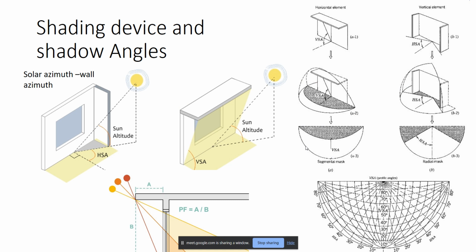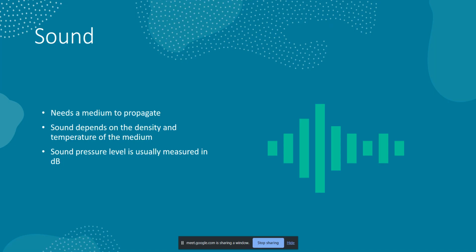So as of now, we covered things related to deciding and designing shading devices and the shadow angles. Mostly, we are just looking into how to design shading devices to protect or allow solar radiation inside. Next, the class that the professor took was on thermal simulation.